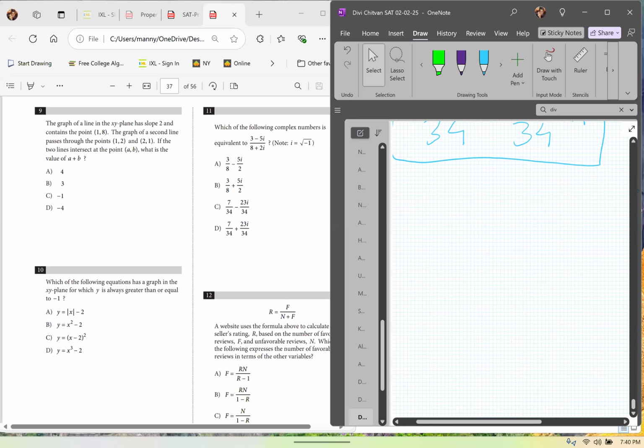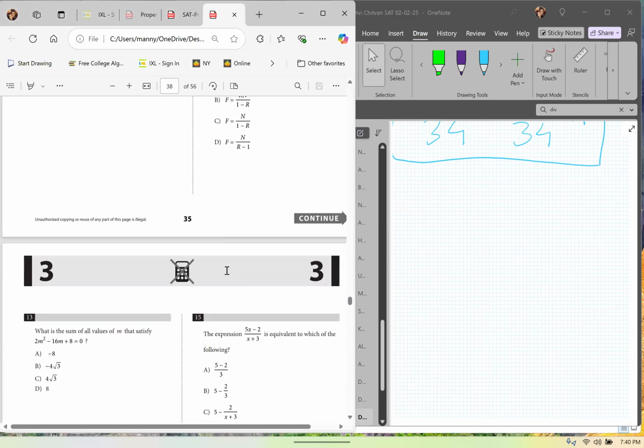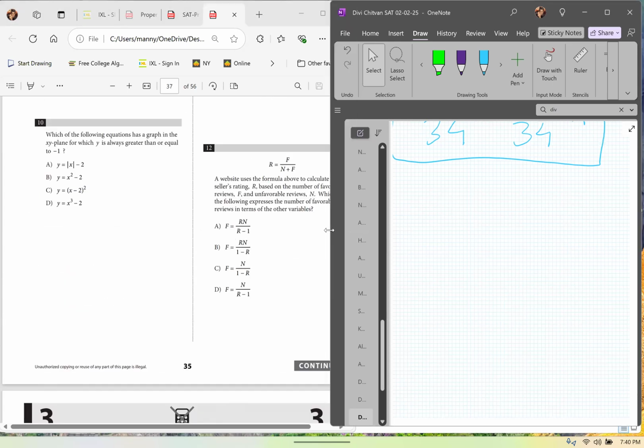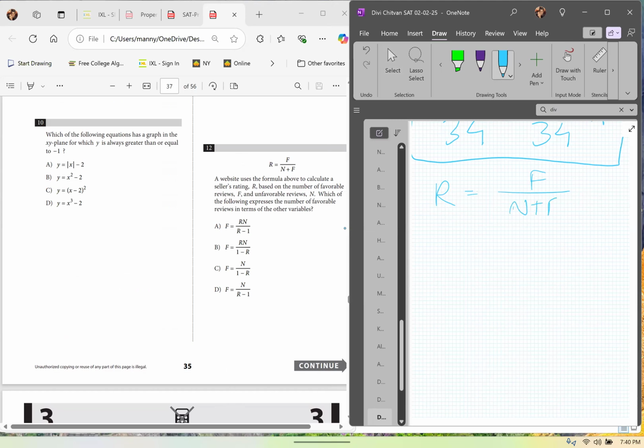So, what else was hard? Question 12. Question 12 gave us a formula: R equals F over N plus F. We've got to figure out what F is. That's the goal. Okay? So there are two of them, so that's a problem.